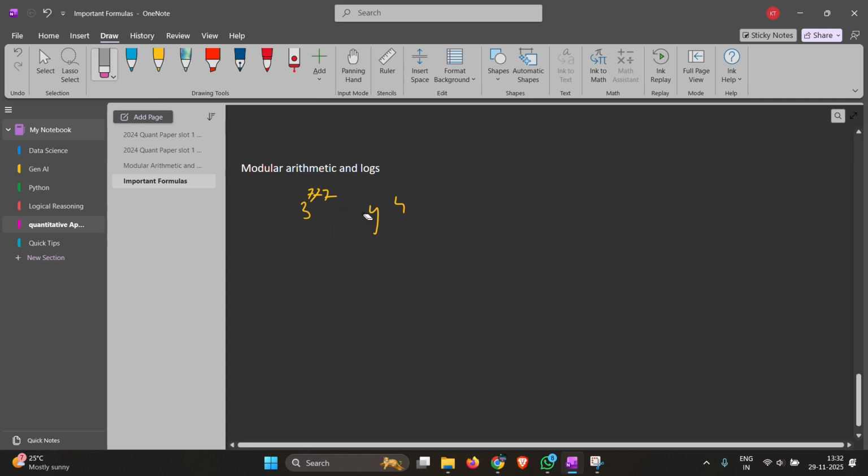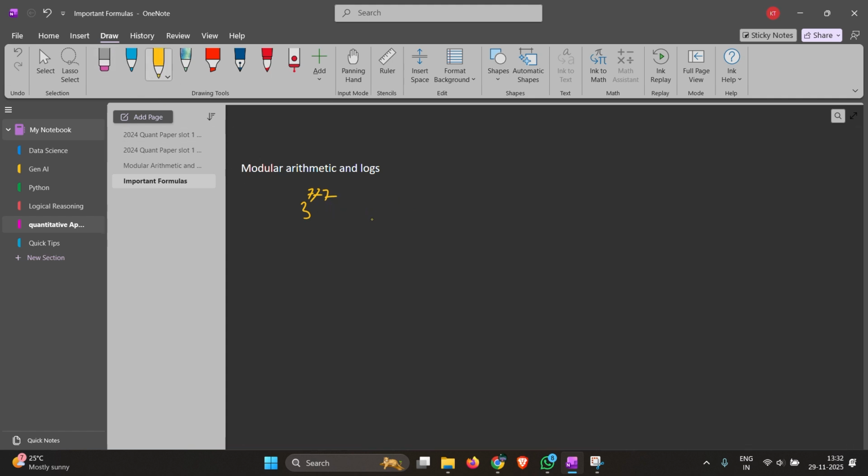Whenever you see such a question, instantly you know that this question is about modular arithmetic. If we are asked 3 raised to 777, what would be the remainder if this was divided by 4? It's asking nothing but what would be the answer of 3 raised to 777 mod 4.